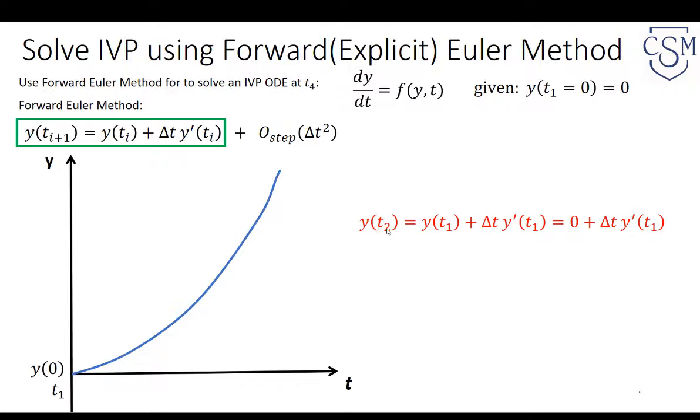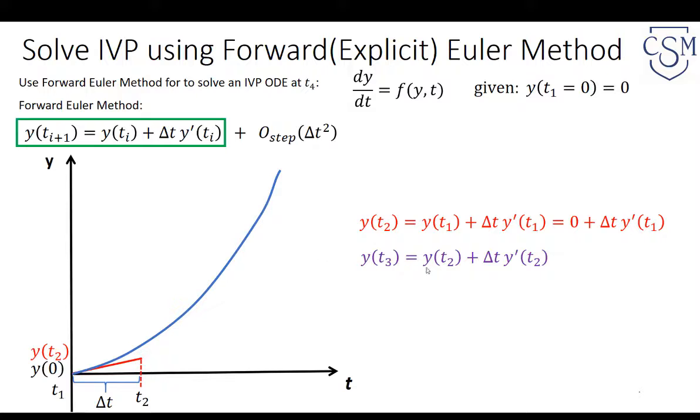We can say that y of time 2 is y of time 1 plus delta t times the derivative of y at t1. So in this case, y of t1 is just 0. And we can step by delta t and this derivative here at y of t equals 0. That gives us y of t2.